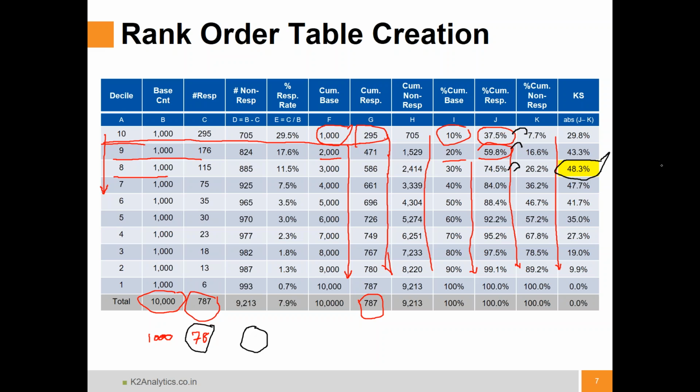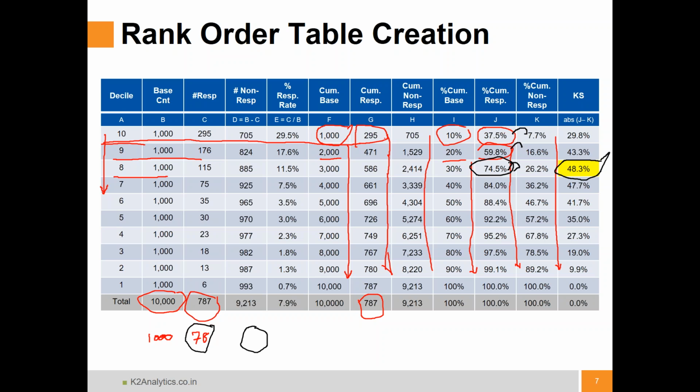Because the moment you know it's a KS of 46, you can start expecting that by third decile, what percentage of potential responders you have captured, which is also one of the important statistics that we quote. So if the team member says in third decile I get a KS of 46, 47, you can say, okay, by that decile you will have captured 72, 73% of total responders.